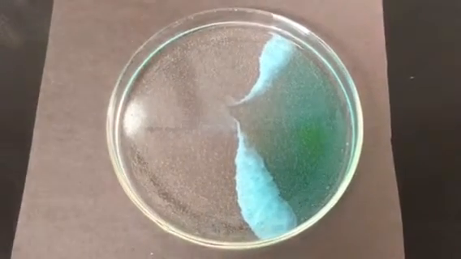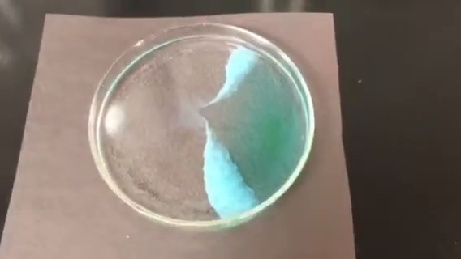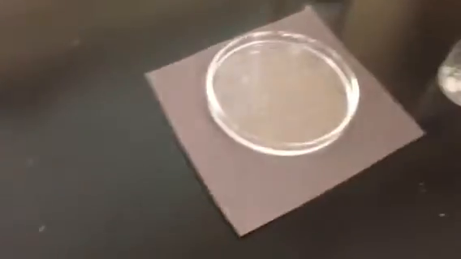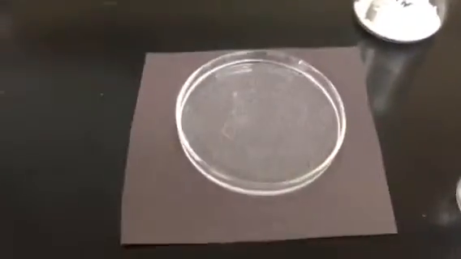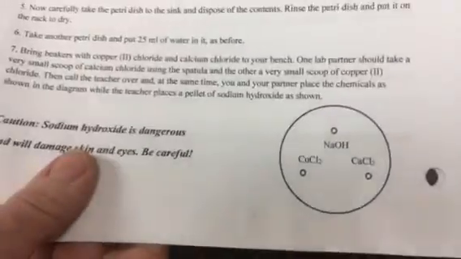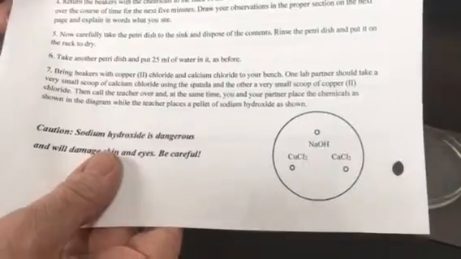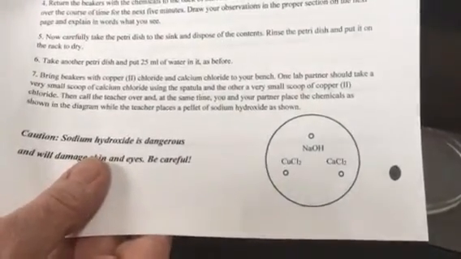Now let's move over to the second experiment, which is the next dish over. Once again, I'm following the diagram that we have, and I'm just going to show the diagram for a minute to remind people. That's what it looks like. The sodium hydroxide goes at the top, the copper chloride, the green one, on the left, and the calcium chloride on the right.